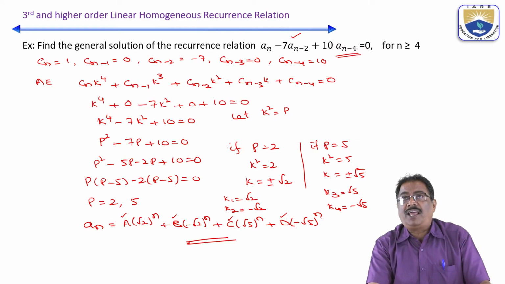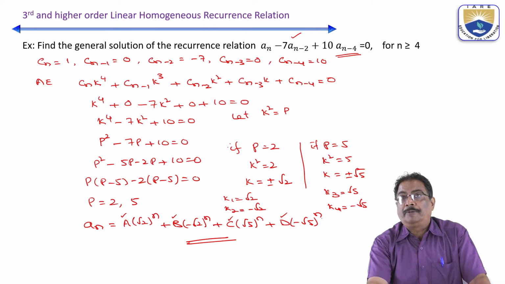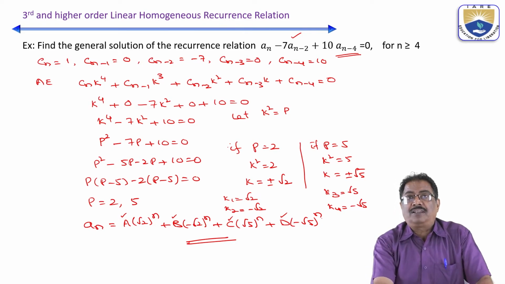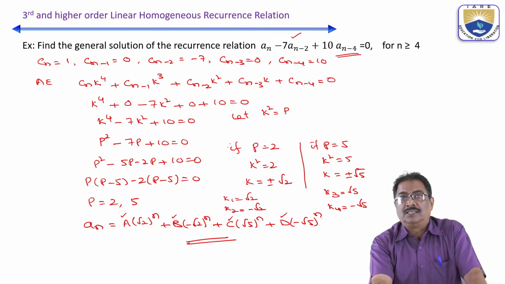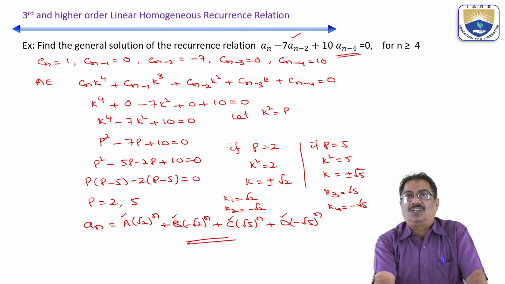If A0, A1, A2, A3 values are given, then it is possible to calculate A, B, C, D. After that, if you substitute in this expression, then it is nothing but a particular solution for the given recurrence relation.